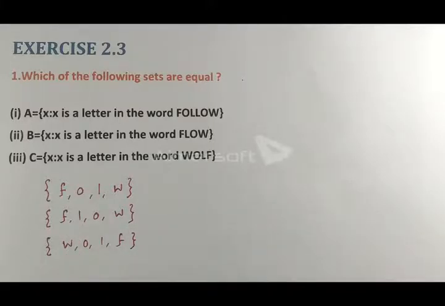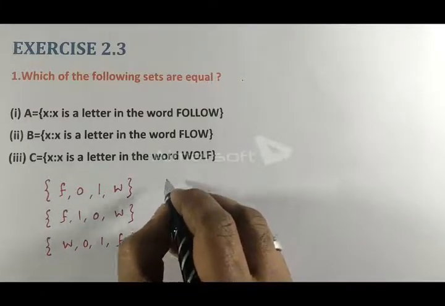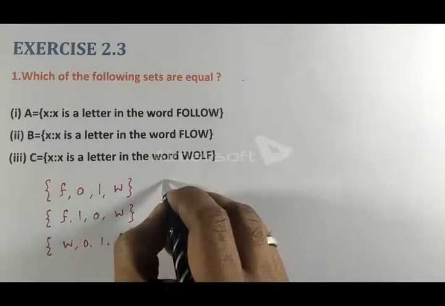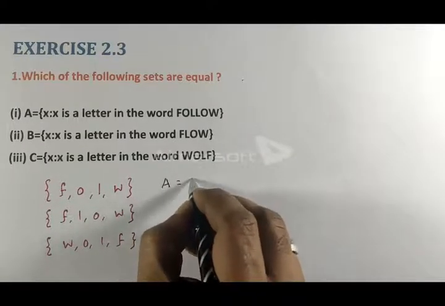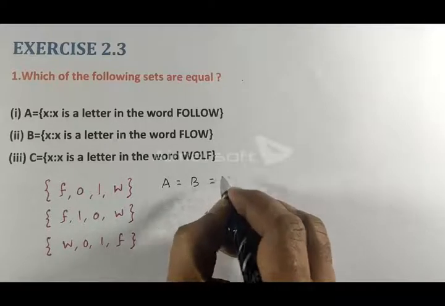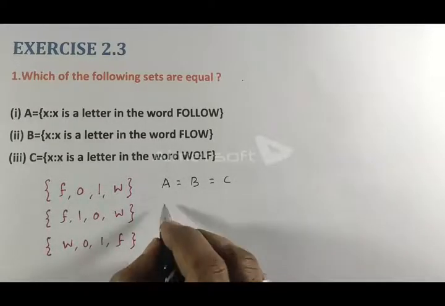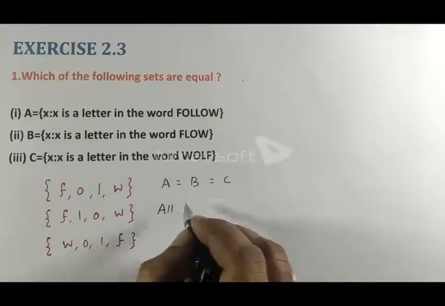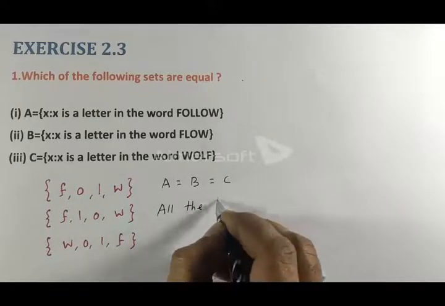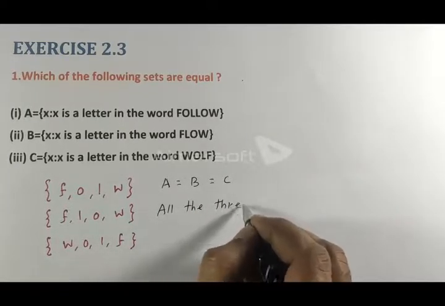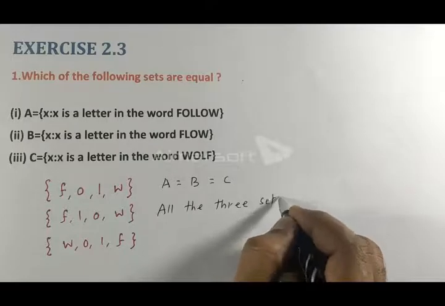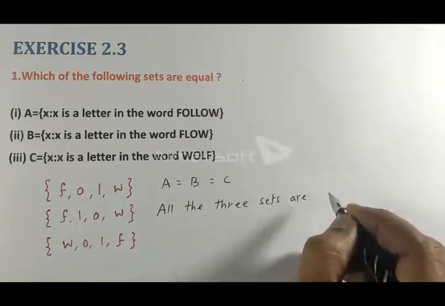We can write A is equal to B, B is equal to C. All three sets are equal.